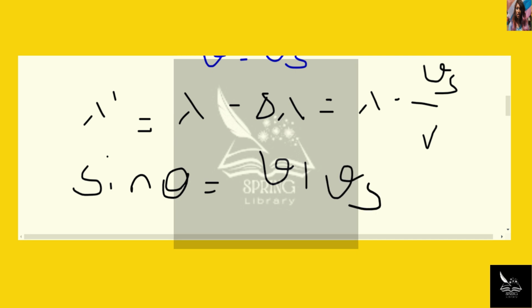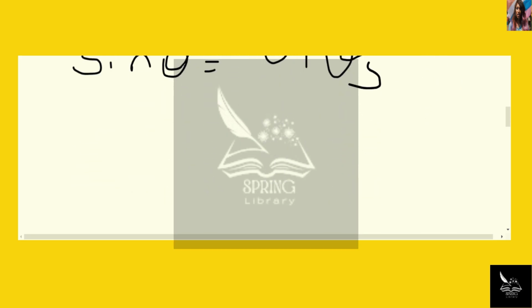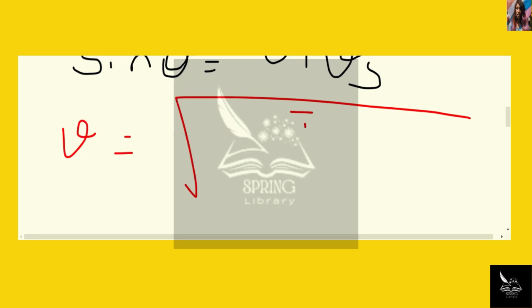Now, to do the calculation in order to evaluate the speed of the transverse wave, we use the following relation, which is v is equal to the square root of T upon μ, but μ is what?